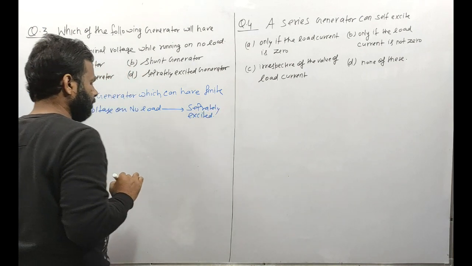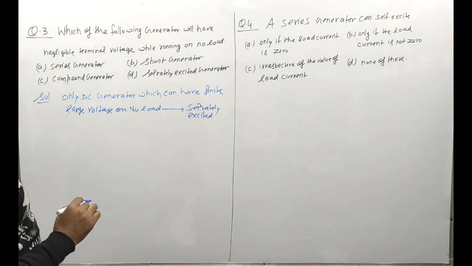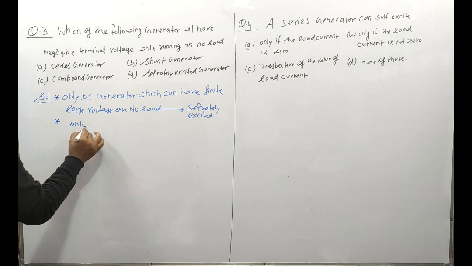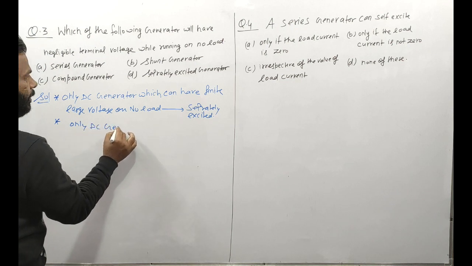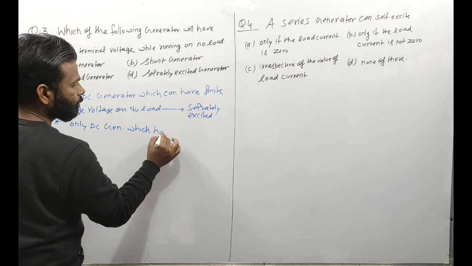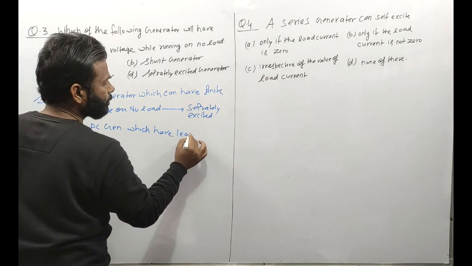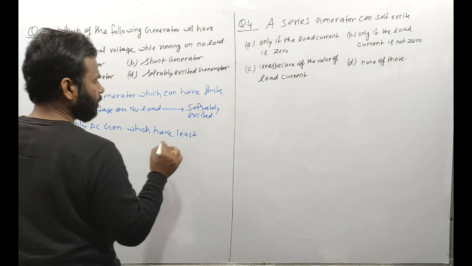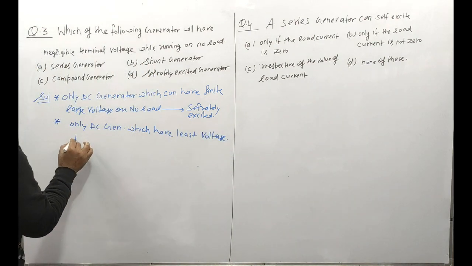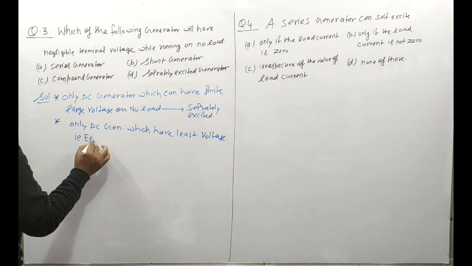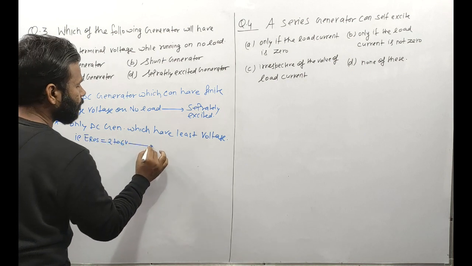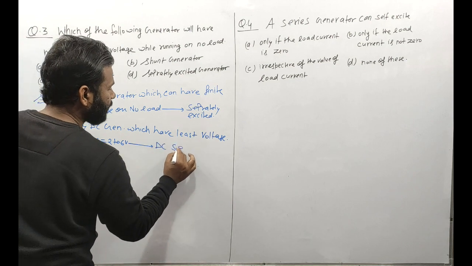That is the best voltage, if I talk about it. Clear? But the only DC generator which has least voltage, and that is called residual voltage, residual of 2 to 6 volt, is called DC series generator.